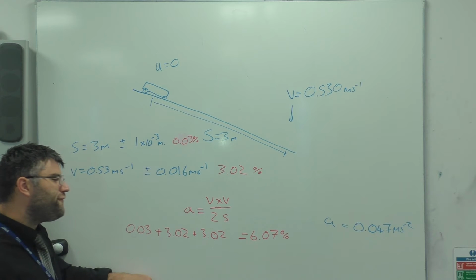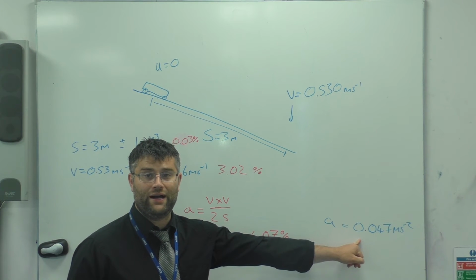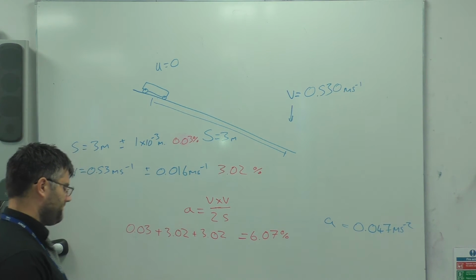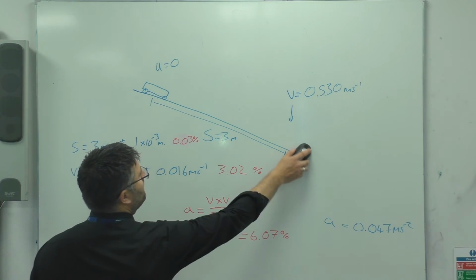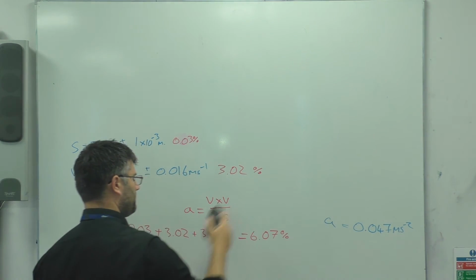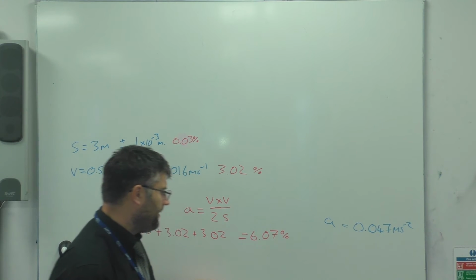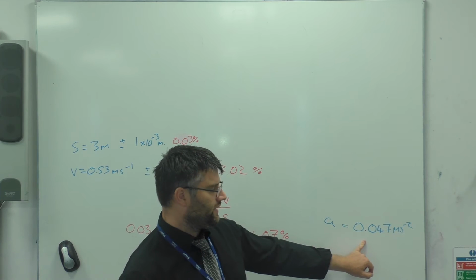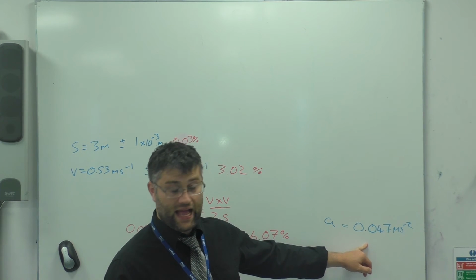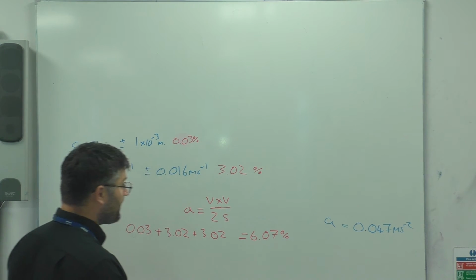And we've got our final percentage uncertainty of my acceleration. So what am I going to do with it? I need to have a look at what that percentage means as a percentage of this. So, how do I do that calculation?